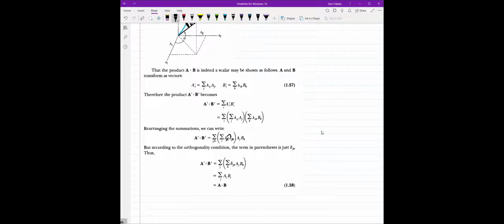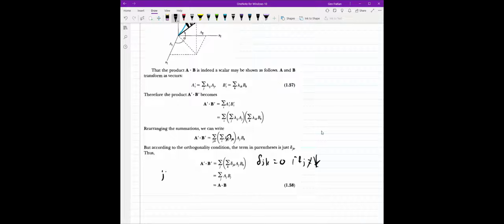But remember, Kronecker delta JK is always equal to 0 if J does not equal K. So that means what this basically does is it allows us to just delete this, and it just takes it away, because whenever J does not equal K, so let's say K is equal to 1, and if J is equal to 1, then you just basically get A J B J summed over J. So I'm trying to think of a better way to explain this, but that's kind of the point.